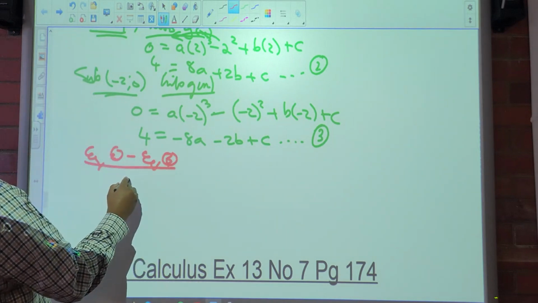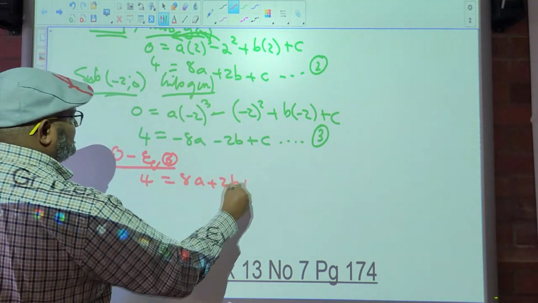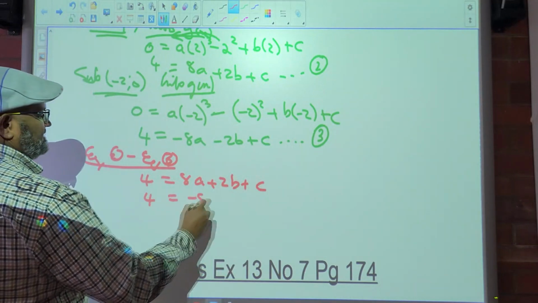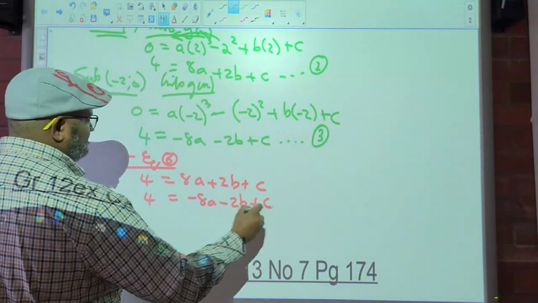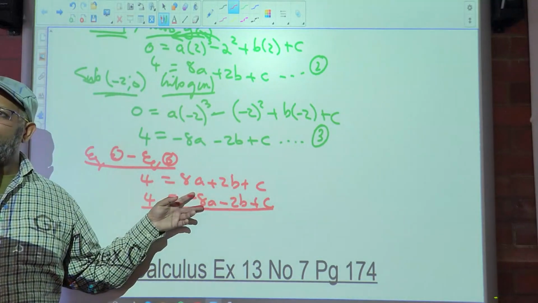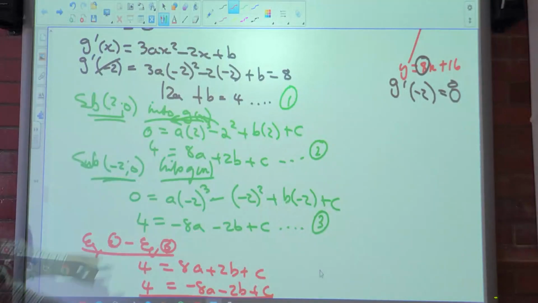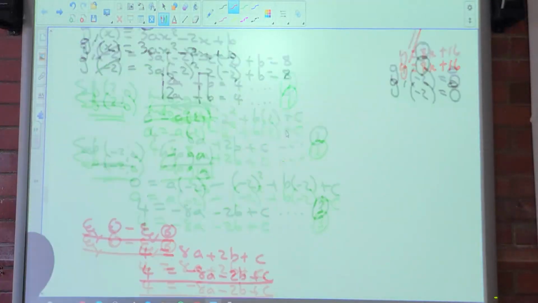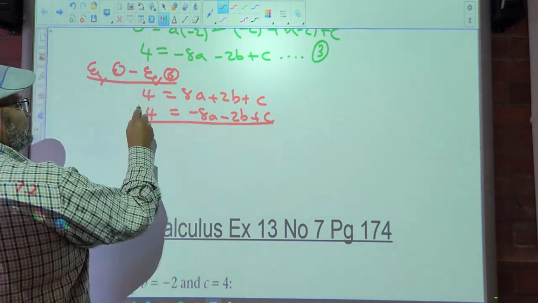Equation 2 is 4 is equal to 8a plus 2b plus c, whereas minus equation 3 is 4 equals minus 8a minus 2b plus c. People, I could have eliminated the a or the b, but why am I eliminating the c? So that I can go back to equation 1 with the same unknowns, which are a and b. Can you see that? So by doing that, I'm going to first change the signs of the line here.